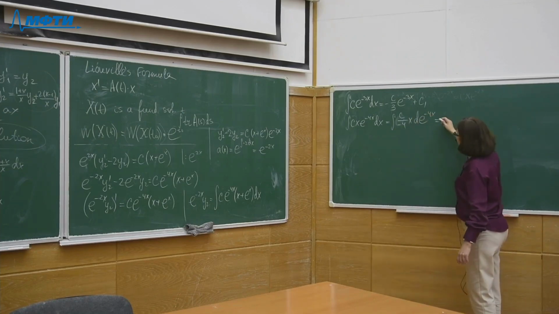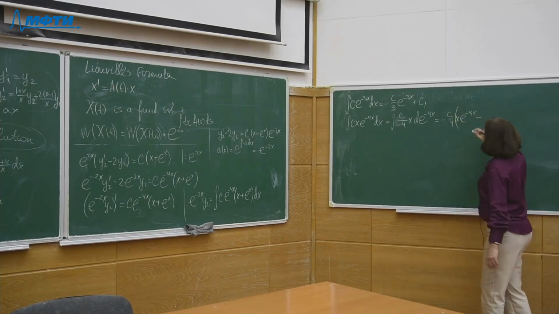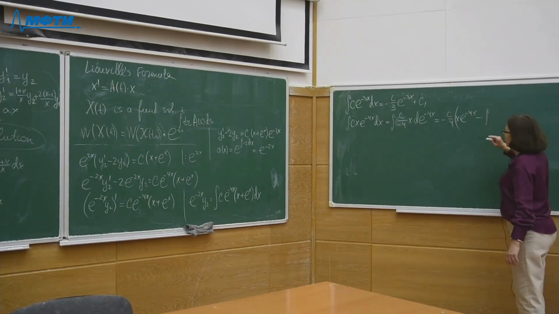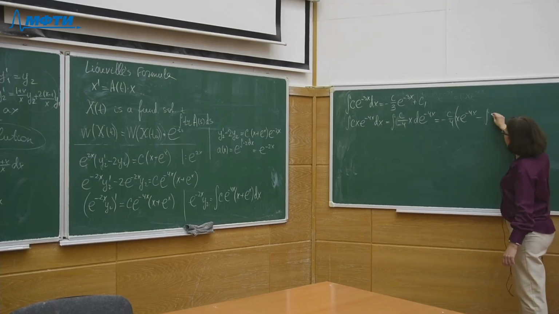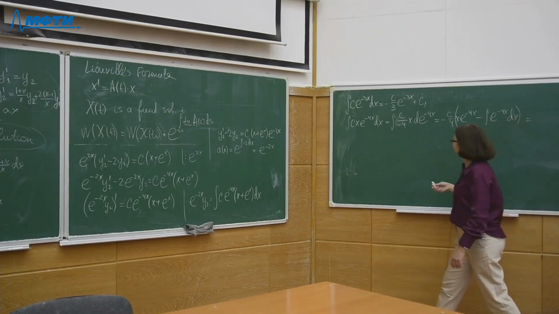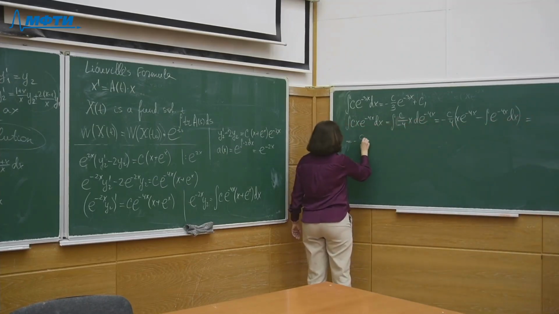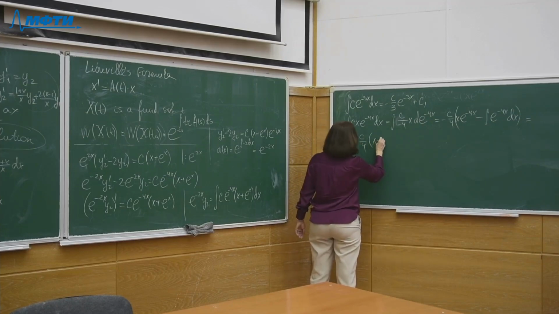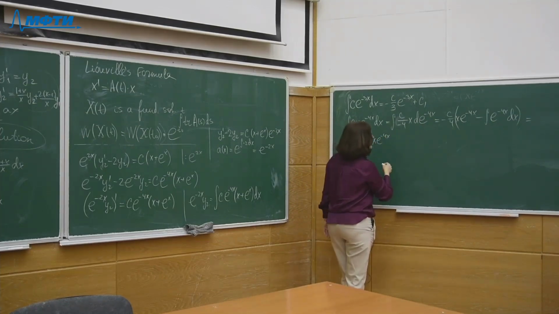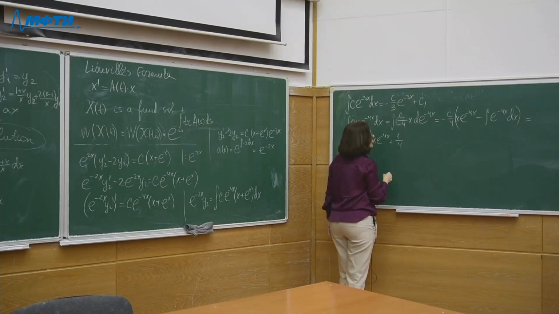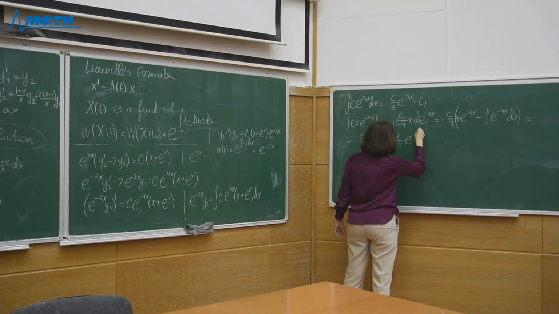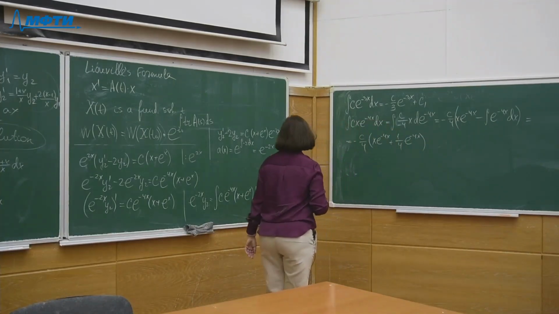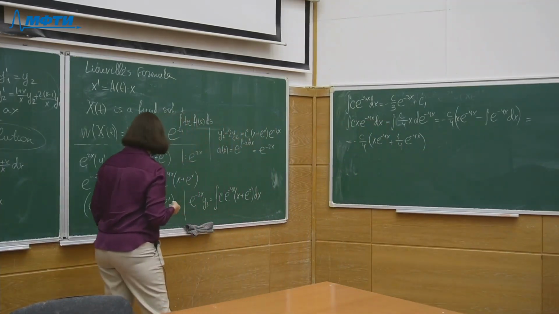It is equal to minus c fourth x e^(-4x) minus the integral of e^(-4x) dx, for x plus 1 over 4 e^(-4x). So now we're very close to the answer.